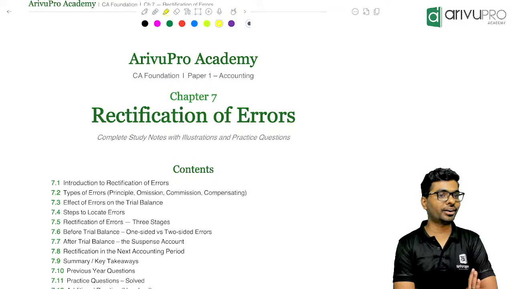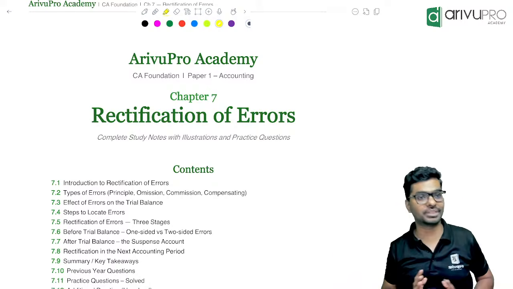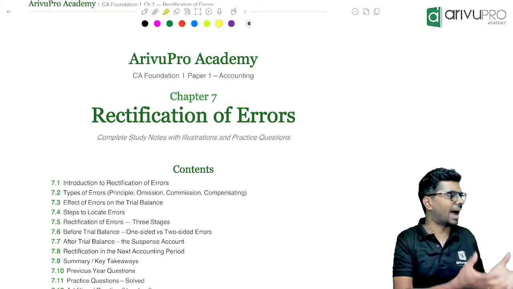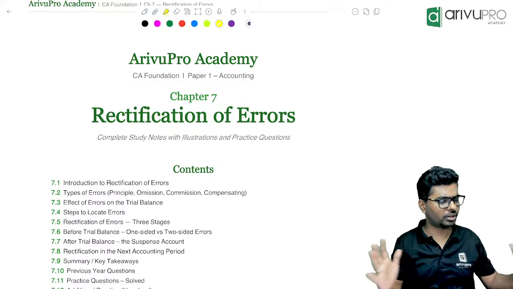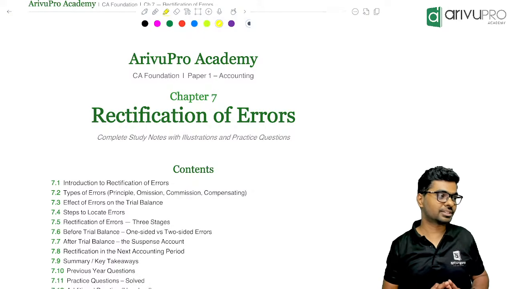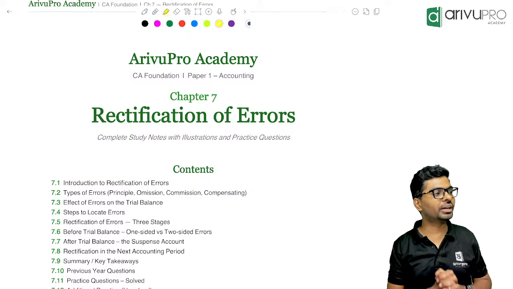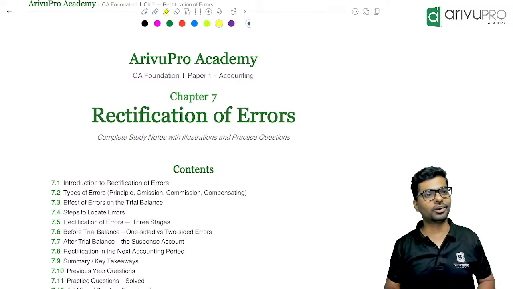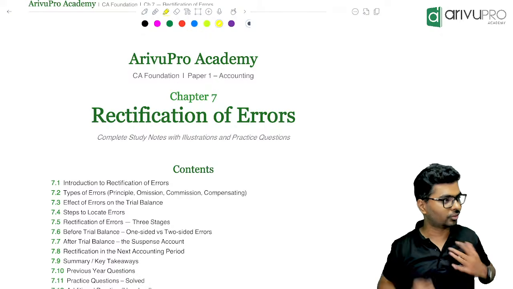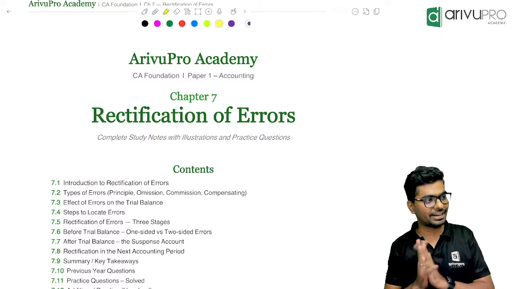You are doing fraud with an objective to conceal something. Errors happen because of oversight, lack of concepts or other reasons. Now we are only talking of rectifying errors. Frauds, when do we figure them out? In CA Inter audit, there we'll find out. Today we are only going to stick to errors.